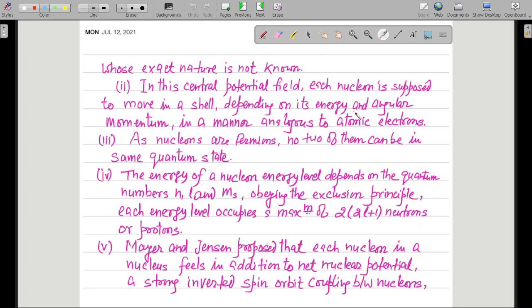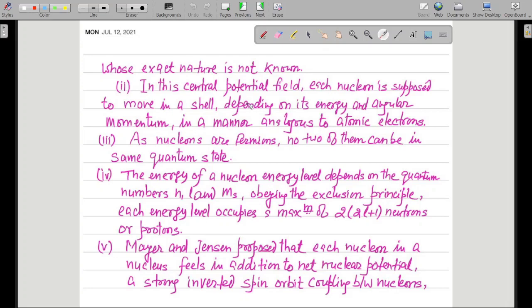The principal quantum number n is equal to 1 for the K shell, and n is equal to 2 for the L shell. As you move away from the nucleus of the atom, the electrons are in higher energy levels. That is the case with atoms.